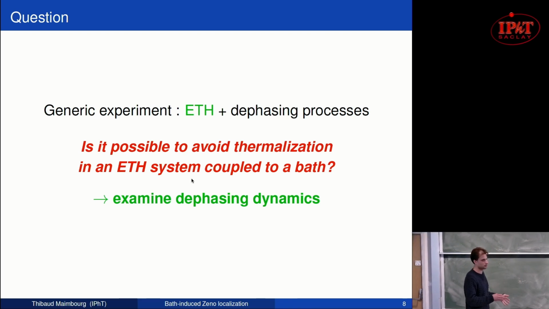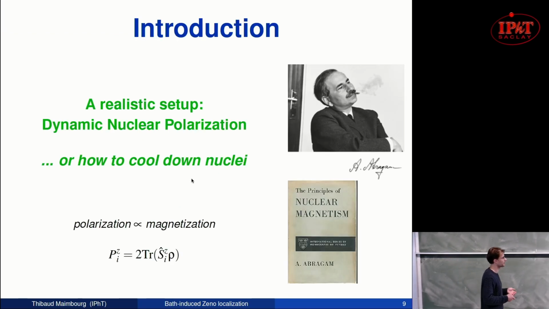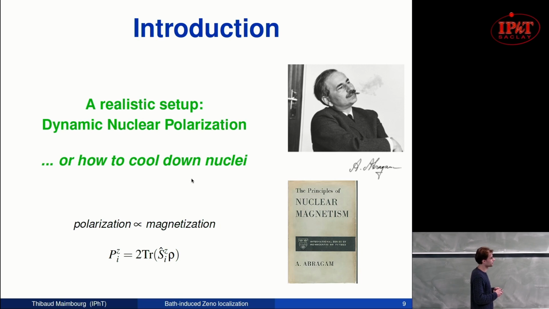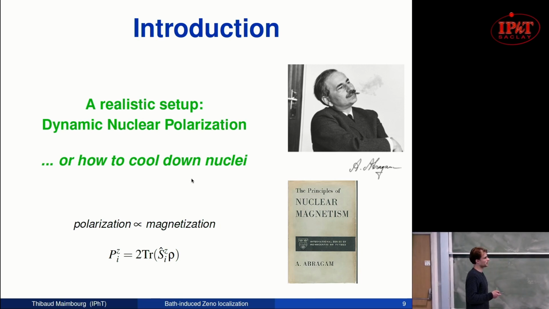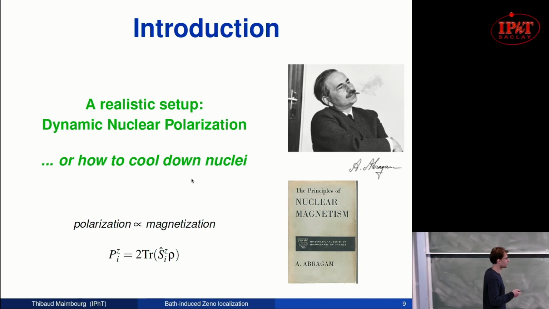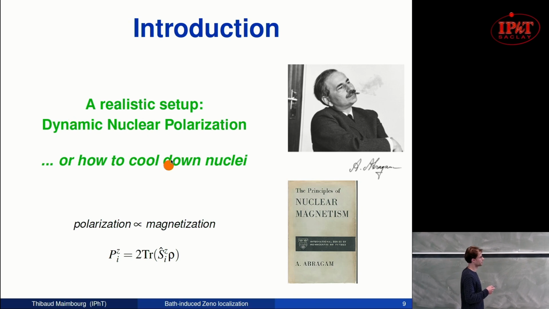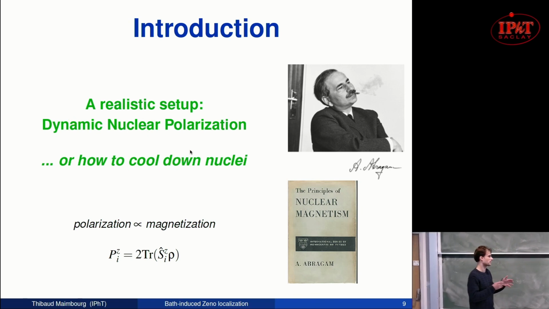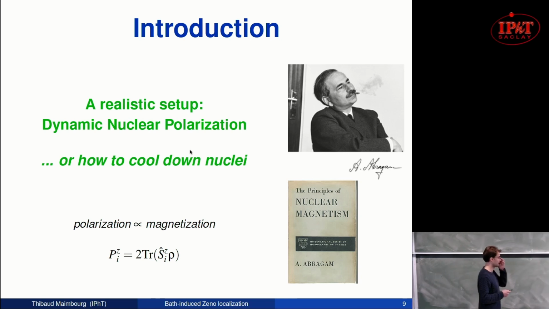Okay, so this is kind of a theoretical question, but we asked ourselves this question because we were actually interested in an experimental setting, which is an experiment in nuclear magnetic resonance. It's a protocol called dynamic nuclear polarization. Now we'll introduce what it is, because this is basically the setup we have in mind.